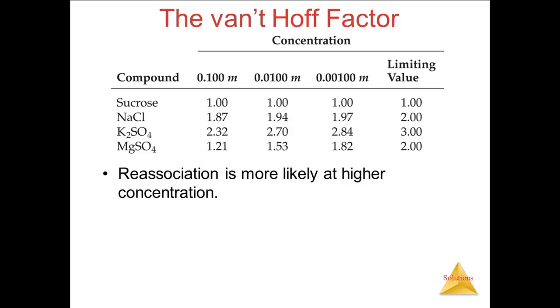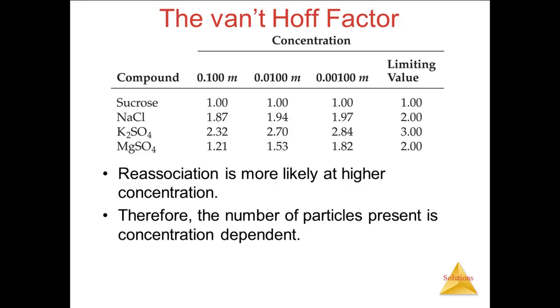The lower the concentration, the less likely the ions are to be close enough to reassociate. Therefore, the less the effect, and the closer the Van 't Hoff factor is to the ideal value. So the number of particles is dependent on the concentration. You might think about the fact that the change for MgSO4 is different from the change for NaCl, significantly so.